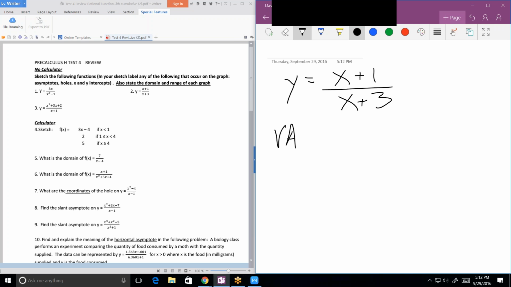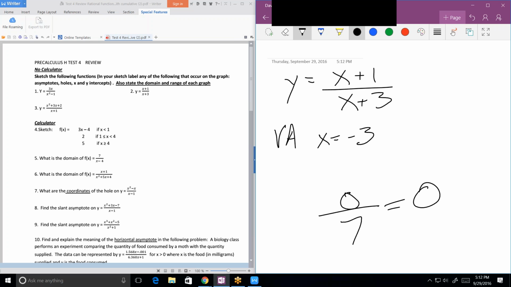Vertical asymptotes are always where the denominator is 0. So -3. And there's a huge difference between the denominator being 0 and the numerator being 0. If I say what is 0 divided by 7, that's 0.